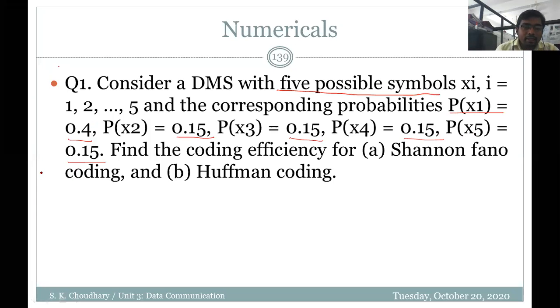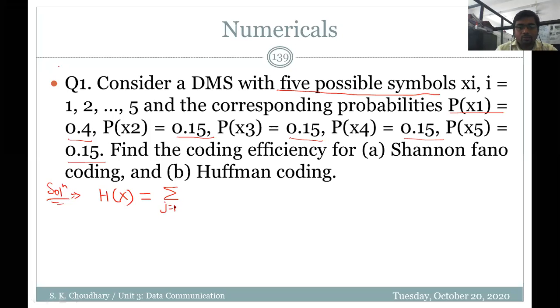So to solve this numerical, what has to be done? First of all, you can calculate the entropy, because entropy is common for whichever method you are going to use. So what is the formula for this?